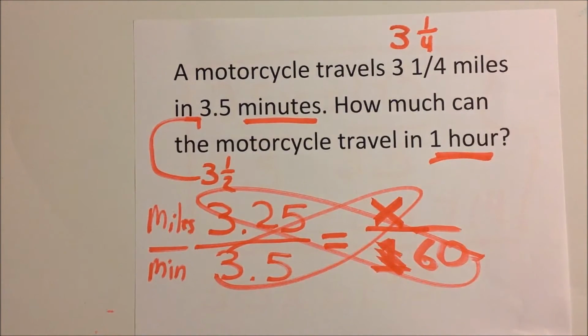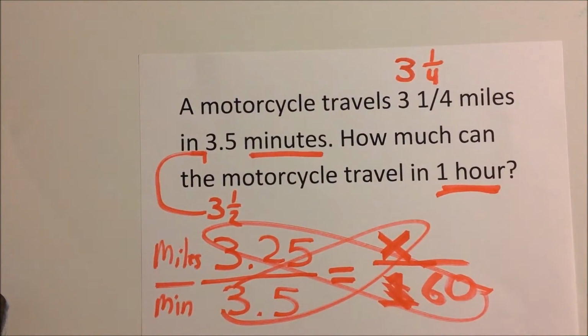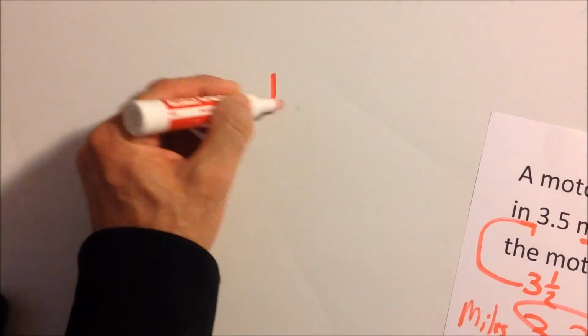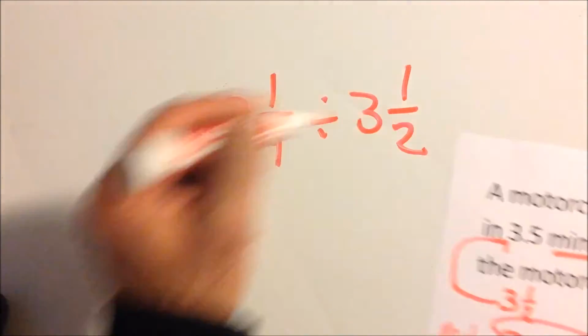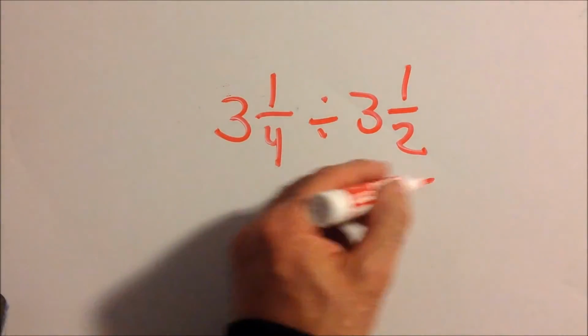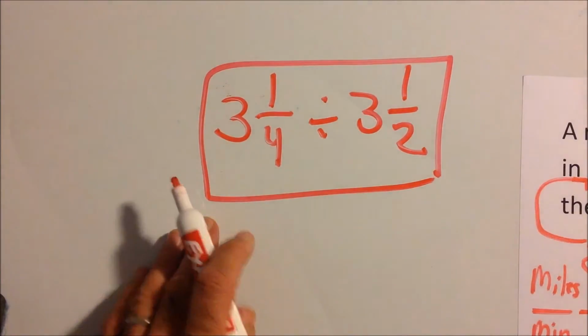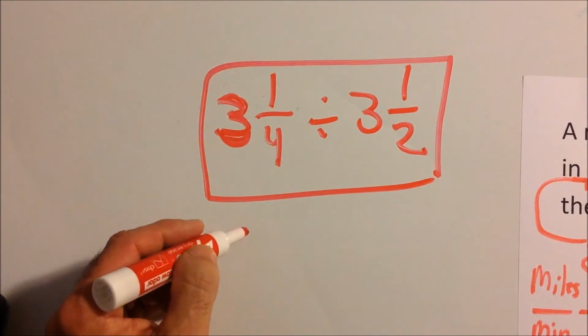But we can also just get this answer by just doing simple division. So let me demonstrate that. The motorcycle travels 3 1/4 miles in 3 1/2 minutes. Remember, 3.5 is minutes. So we just divide. And now when we divide these mixed numbers, these mixed fractions, we should turn them into improper fractions.